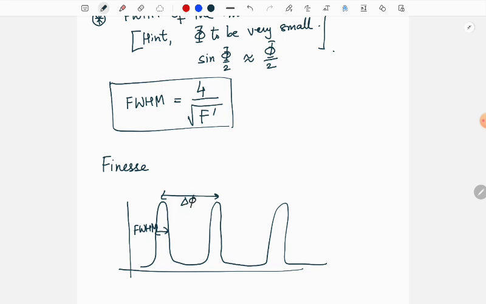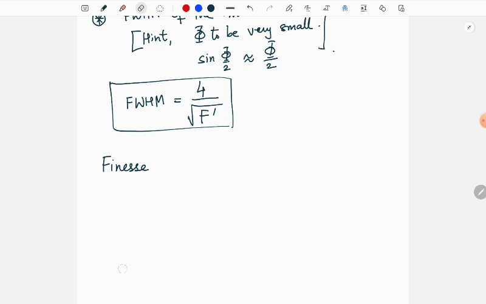I may have broad modes, but they may still be far off from one another, so they are well separated. These two parameters define how distinct your modes look. I can have very thin modes, very small FWHM, but they may be very close by, so then also it's not a good thing. If you want well separated modes, they should be separated as well as narrow.